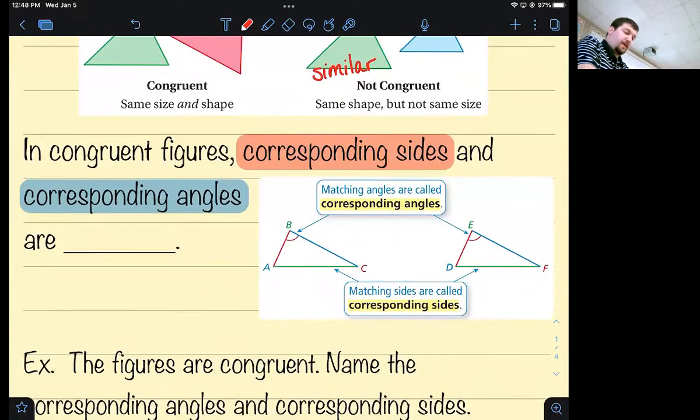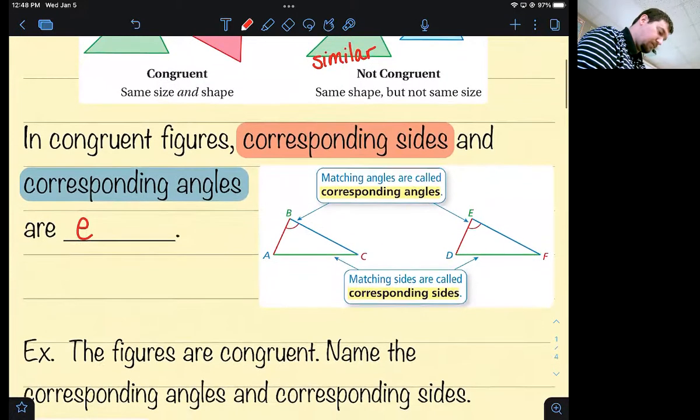In congruent figures, the corresponding sides and the corresponding angles are equal. Now, I just told you that we can't say sides and angles are equal. What I should have said is that the measures of their corresponding sides and corresponding angles are equal. But I think you get the idea. The word corresponding means the same side on a different shape, or the same angle on a different shape.